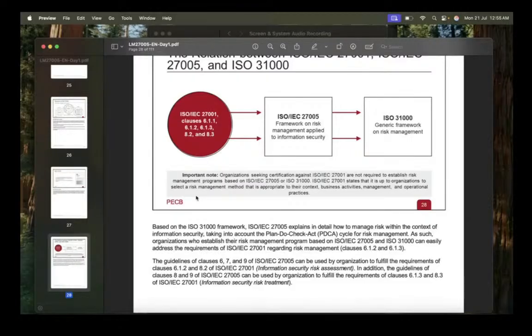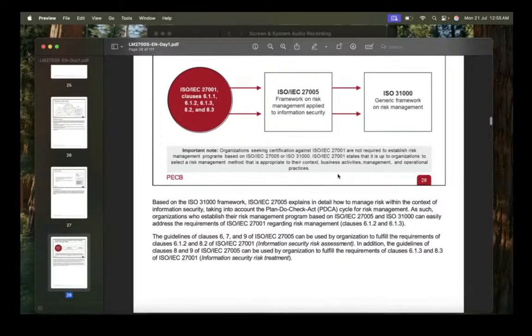It is not mandatory for them to use either of these two, because it can be used by different organizations. If it is not information security, if it is any other particular domain, then they can use a different methodology.